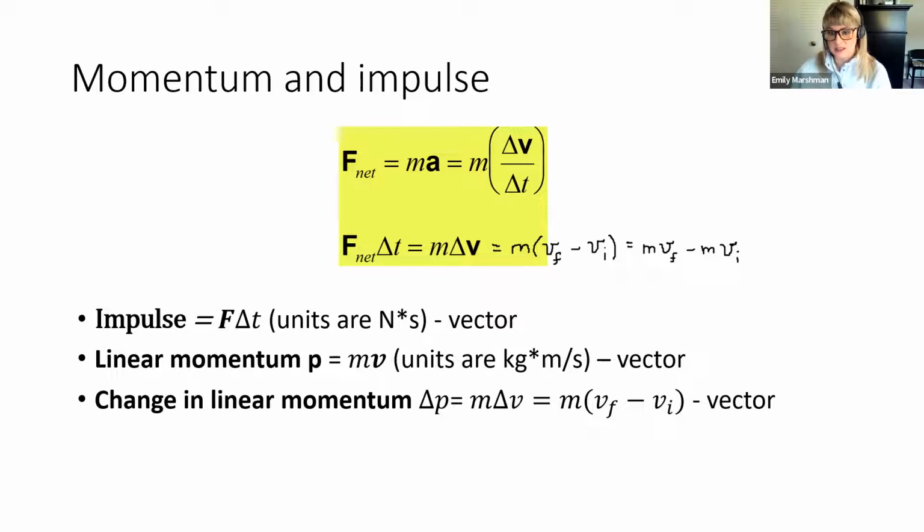And mass times the initial velocity is the initial momentum. So this is our impulse momentum theorem. The impulse acting on the object is equal to its change in momentum. And this is the change in the momentum right before the collision and right after the collision takes place.